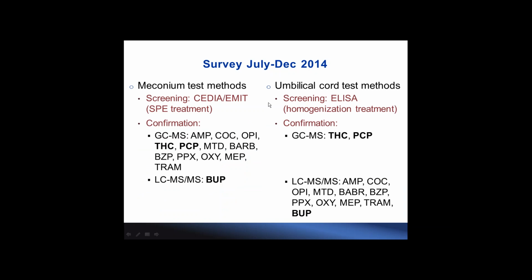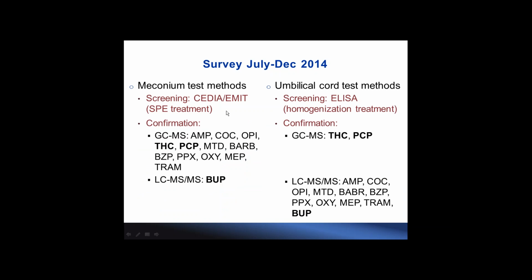So here I display the test methods following the forensic toxicology principles for meconium versus umbilical cord. A little bit of our history: we set up meconium test methods much earlier than that for umbilical cord.